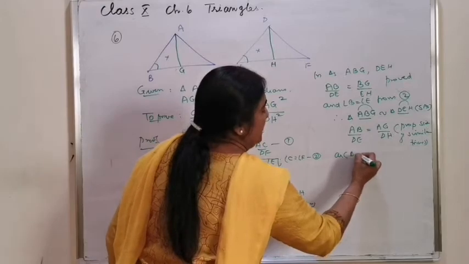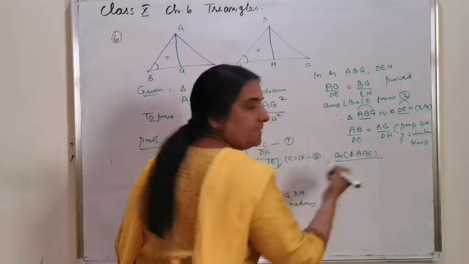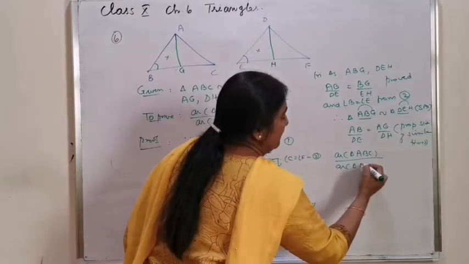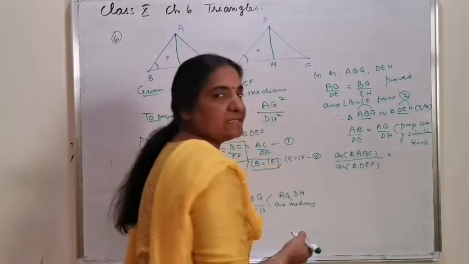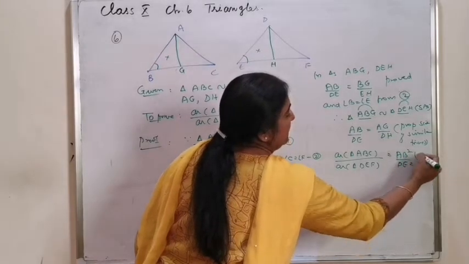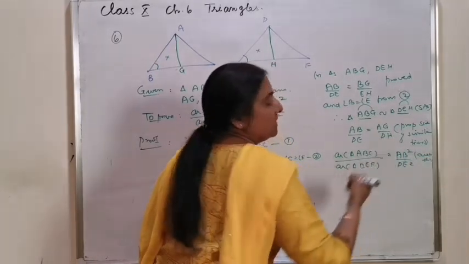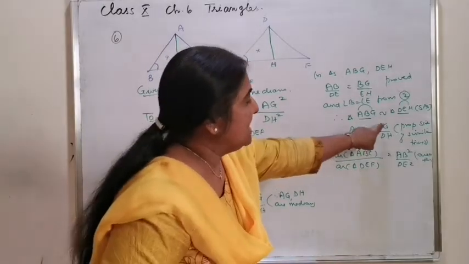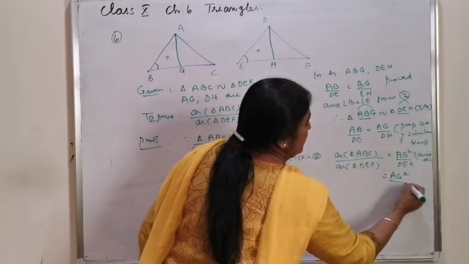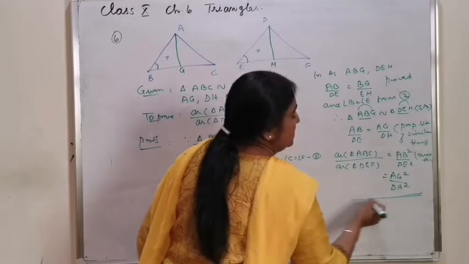Area of triangle ABC divided by area of triangle DEF is the same as AB square by DE square, area theorem. Replacing AB by DE as AG by DH, it's the same as AG square by DH square.